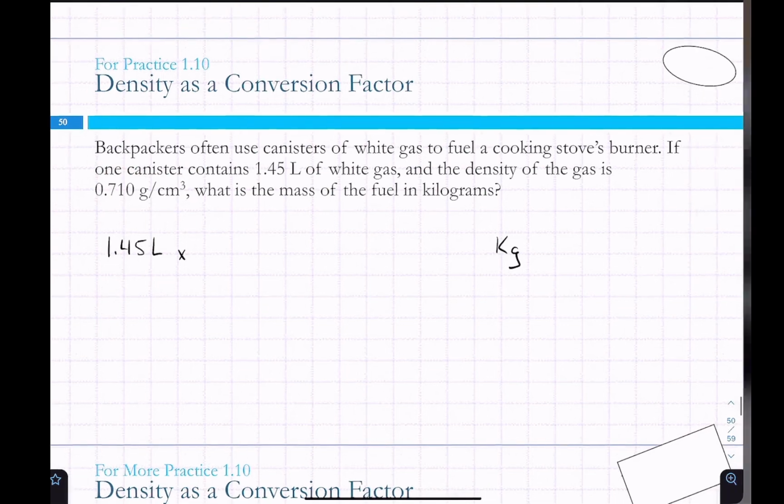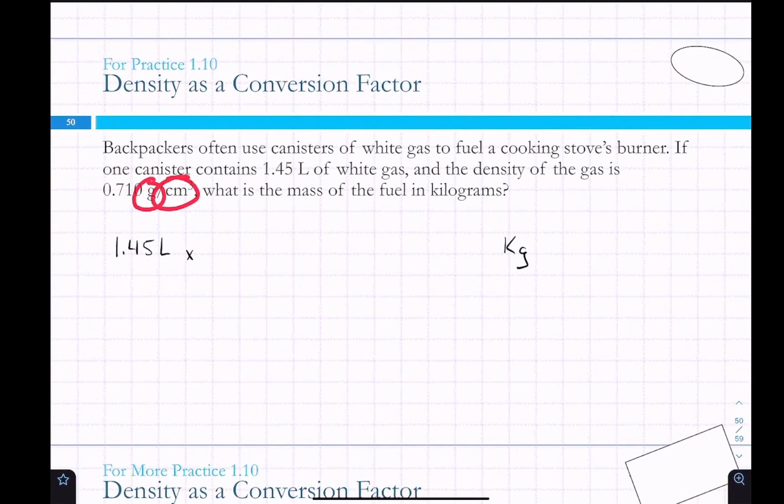Because this gives us the relationship between a mass and a volume, right? Because we can't convert otherwise units of volume into mass, or units of length into something else. So how do we get from liters to centimeters cubed? Centimeters cubed equals milliliters, so we can go to milliliters. Yep, so we go to milliliters here.